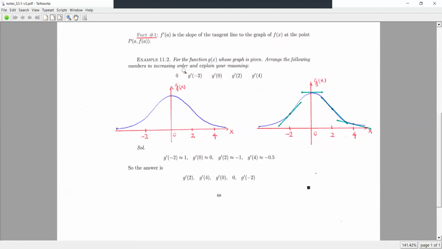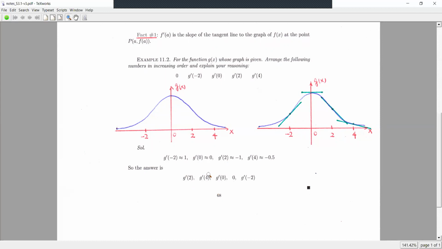The smallest number is the derivative at 2, -1. So the derivative at 2 is the smallest. The second smallest number is the derivative at 4. It is -0.5.